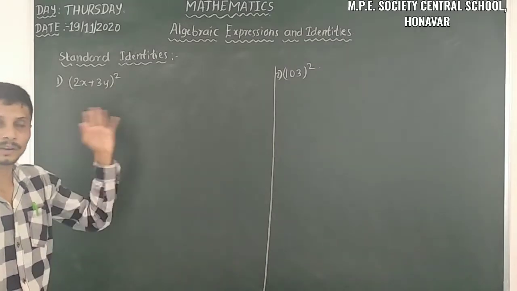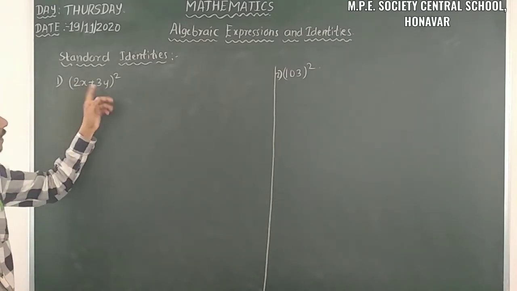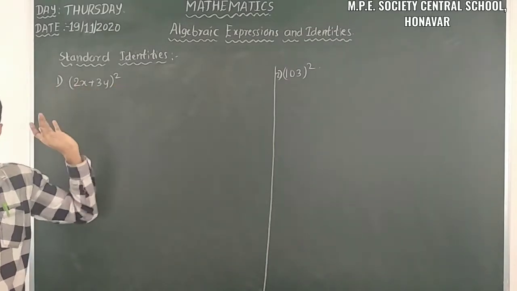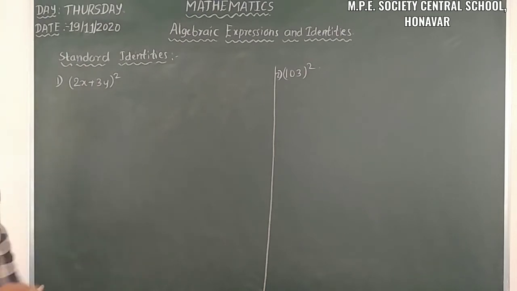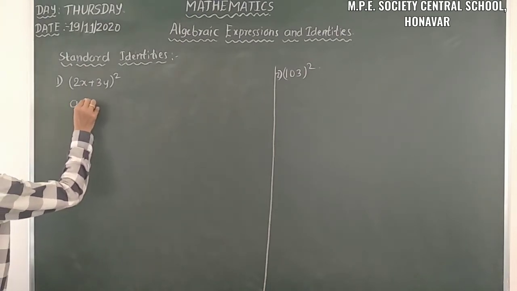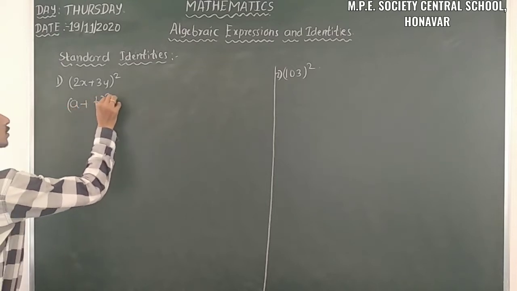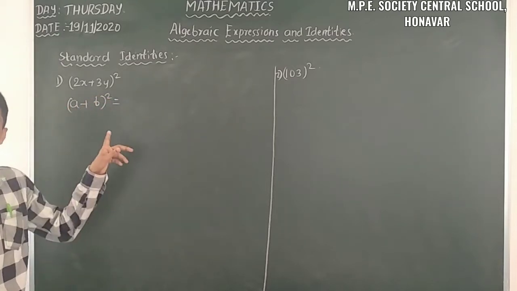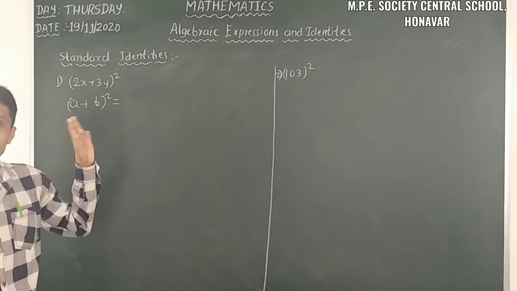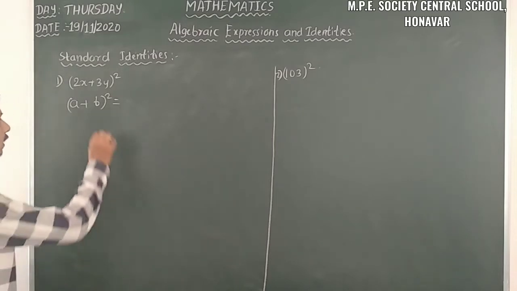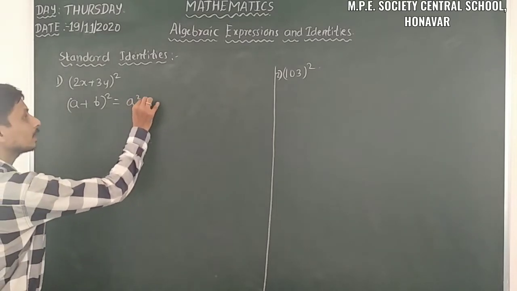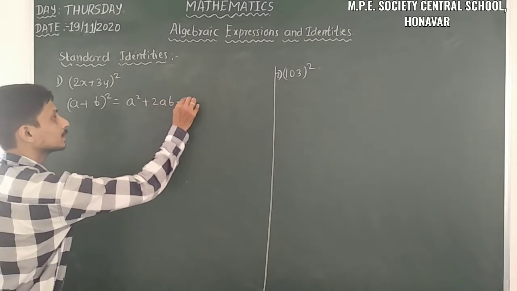Firstly, we have (2x plus 3y) whole square. We can use (a plus b) whole square. You have to write the identity in every problem: (a plus b) whole square is equal to a square plus 2ab plus b square.